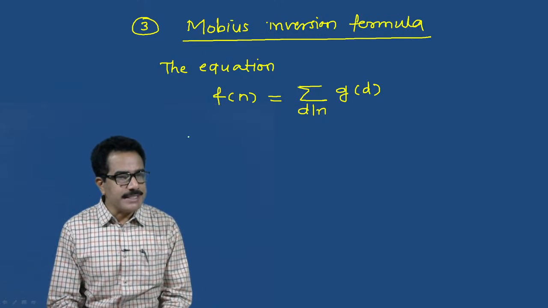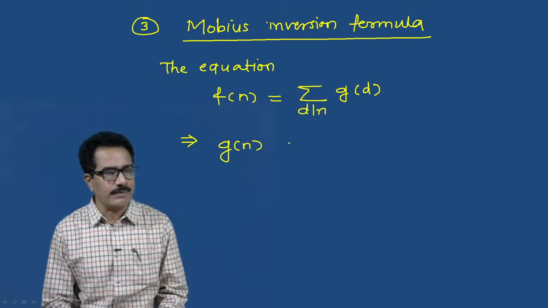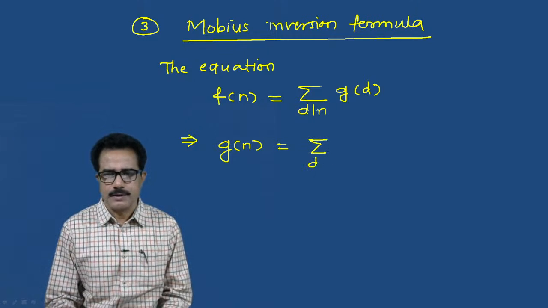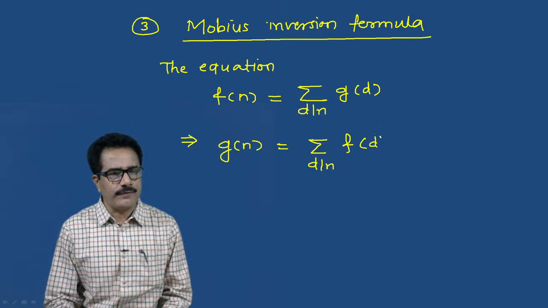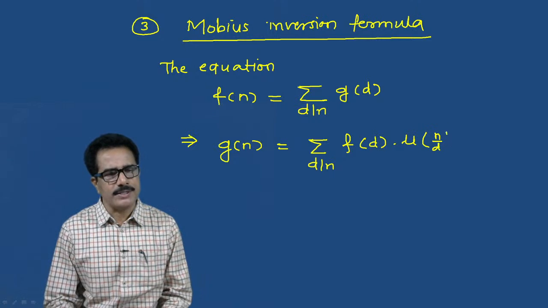This implies that g of n, the inversion of f, equals the summation over d divides n of f of d into mu of n divided by d.